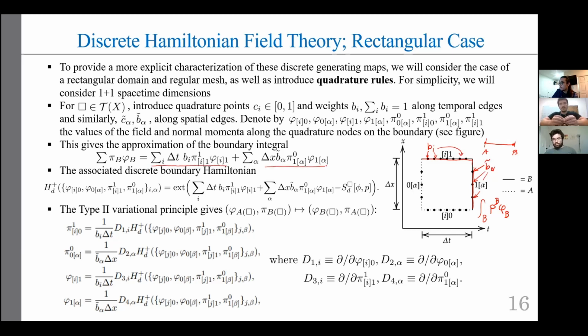These indices just denote the momentum and the field values at the corresponding quadrature nodes on those edges. The ones mean at later time and space, and the zeros mean at earlier time and space.